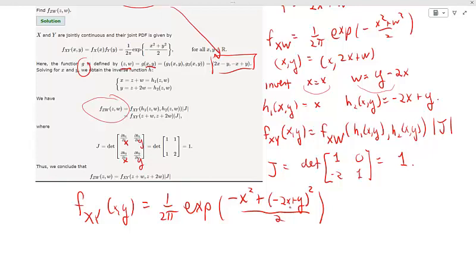Okay. Now, what do I want? I want to find the conditional density. I'm sorry, I want to find the expectation of x given Y equals y. Okay, that's the MMSE estimator.